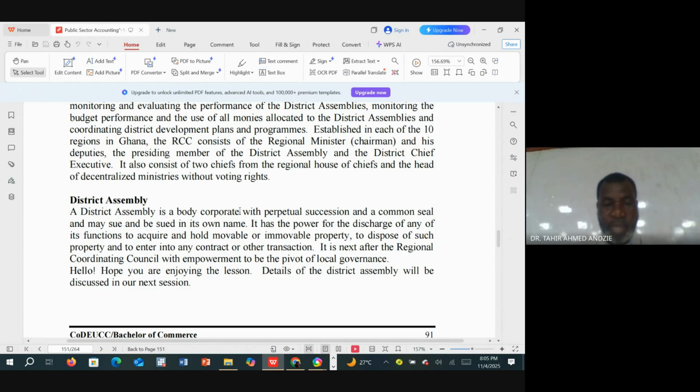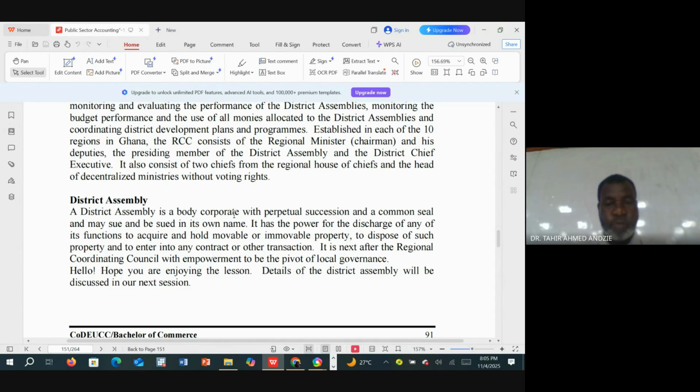Okay. So it is considered as a legal entity. A legal entity is an entity that can contract in its own name. So the functions, the activities of the body is different from the individuals in it. That is what the law says.